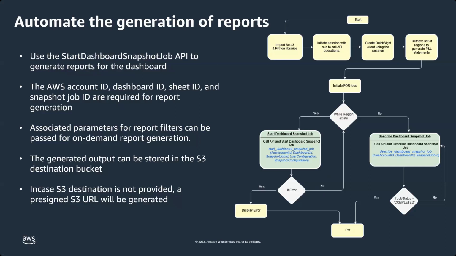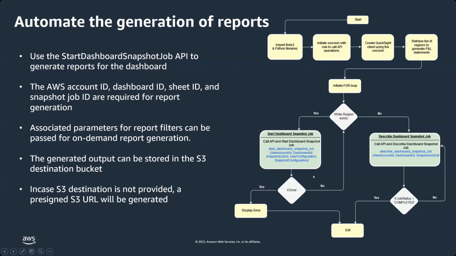Once the job is complete, you can make a call to the describe dashboard snapshot job and describe the status of it. If it is marked as completed, you can exit the process, meaning your script has successfully generated the profit and loss statement for all the 4 regions.